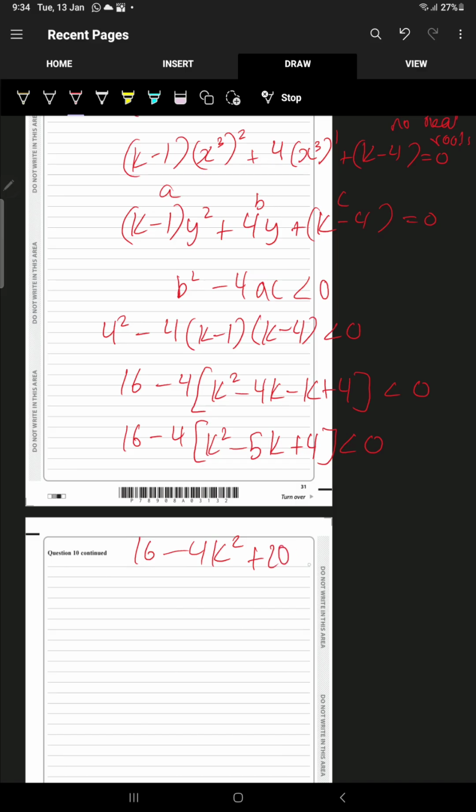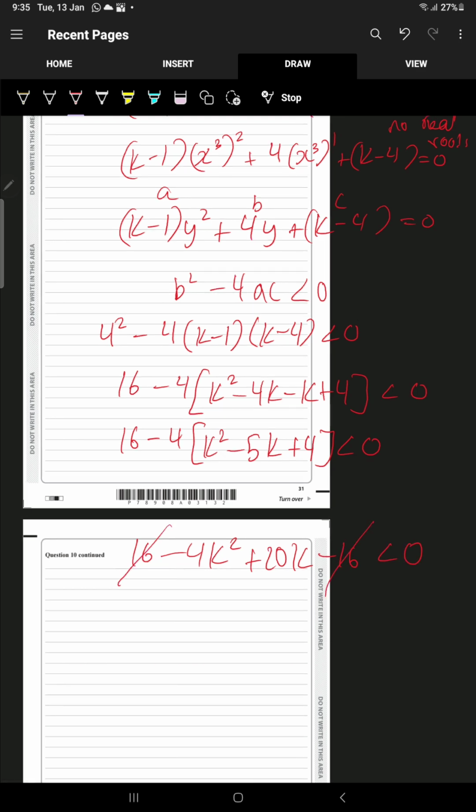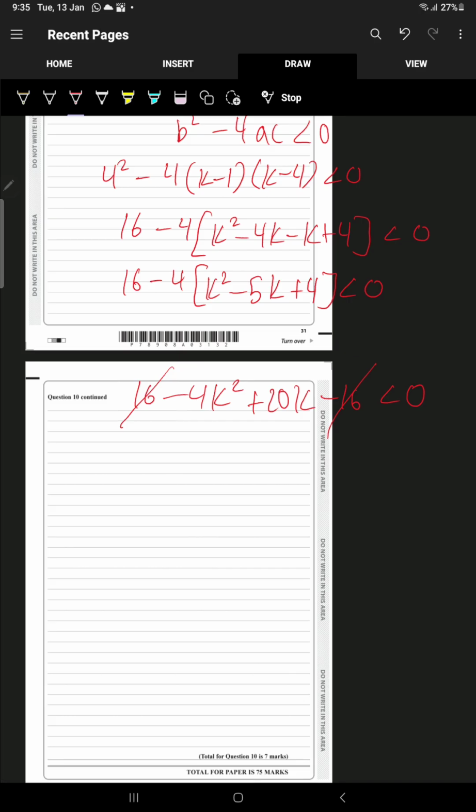The 16 can cancel out. So we have minus 4k squared plus 20k is less than 0. Now we can take k common.